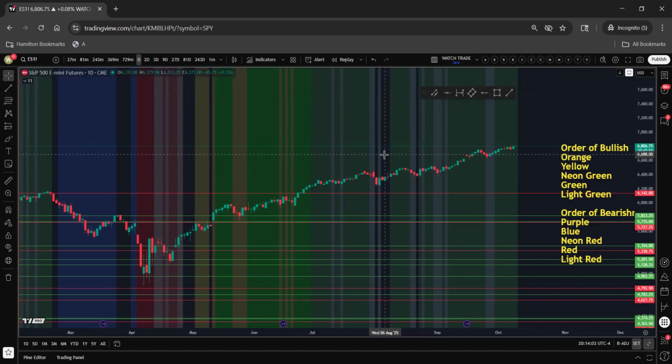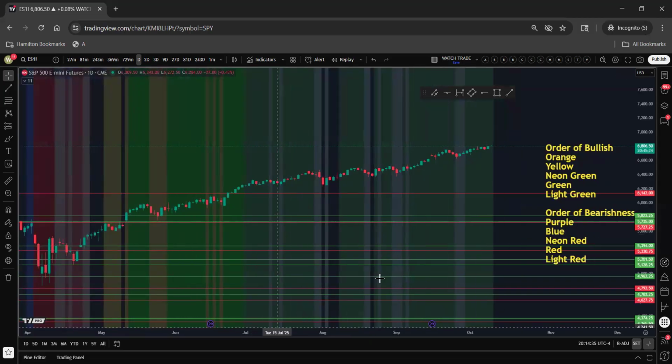You'll see black candles, because the algorithm is chopping or it's manipulating. When you see a black background, there's some manipulation going on, or the market makers are doing something in the back room. They're planning something. Something's going to happen soon. Usually when you see these black areas, it's a change in direction or a continuation of the previous direction.